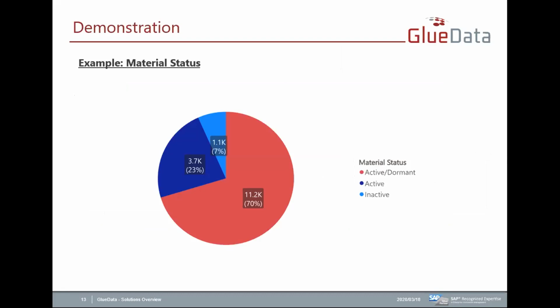Okay. So very simply, this is an actual scorecard, or a little bar graph from a customer that we've recently done an assessment for. 70% of the data is dormant. And in discussion, it seems like that 70% can all be flagged for deletion.